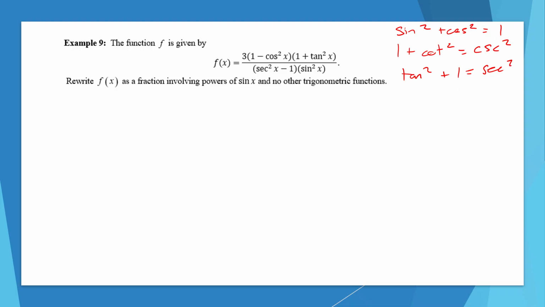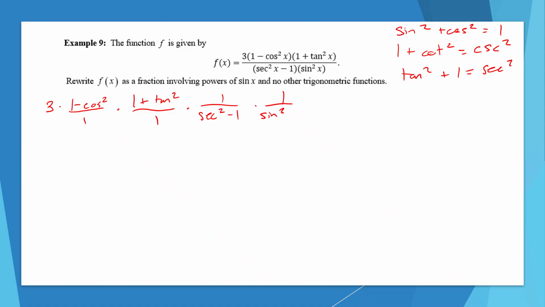So taking a look here, I see 3 times 1 minus cosine squared over 1 times 1 plus tangent squared over 1 times 1 over secant squared minus 1 times 1 over sine squared. This is a lot. You won't see anything this hard, I hope, on the AP exam.